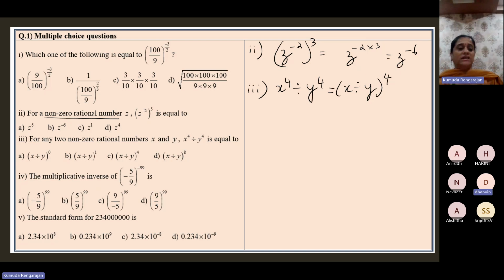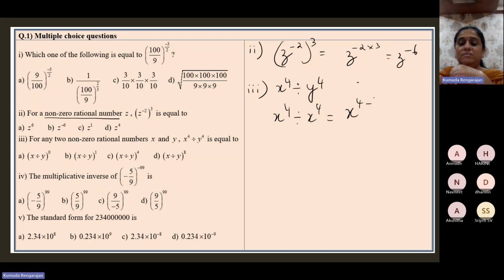Yes, okay. So I'll clarify Akshita's doubt. I know why you're confused. You're using the law that when it's division, we have to subtract the powers. Correct, Akshita? That's when the bases are same. If it was x to the power 4 divided by x to the power 4, bases are same, it's division. Here you subtract the powers. The bases are different. You cannot subtract the powers.